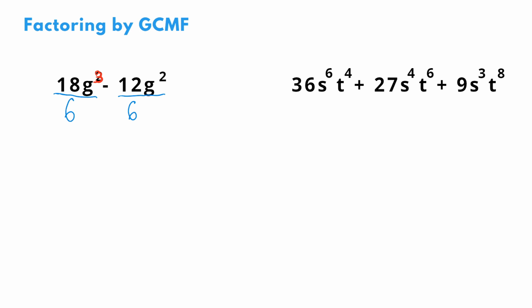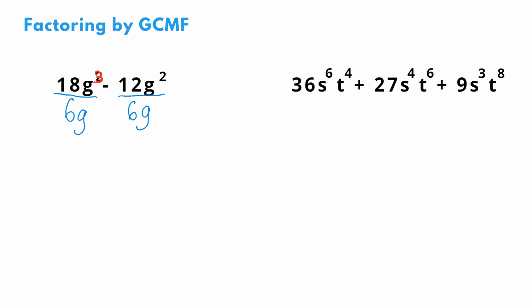Now, let's go with g. On the first term, we have g cubed. On the second term, we have g squared. So it's very obvious we have a common factor, right? Again, greatest common monomial factor. Let's put first the g here. As you can see, we have different powers.